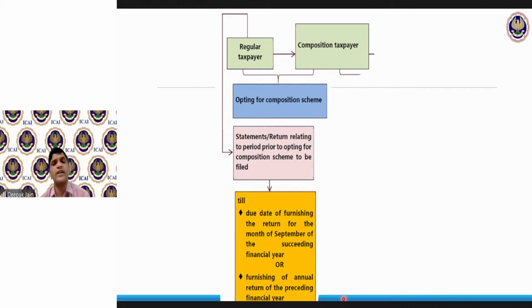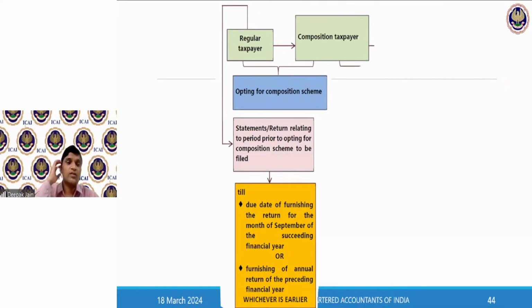Sir, how do we know 1 year from invoice date if composition dealer changed to regular dealer in composition scheme, and which return is filed by composition dealer to show all stock on that date? No, I didn't get your question. So basically you're saying that when a regular taxpayer moves to composition taxpayer, he will have to file all his regular tax periods returns, correct?